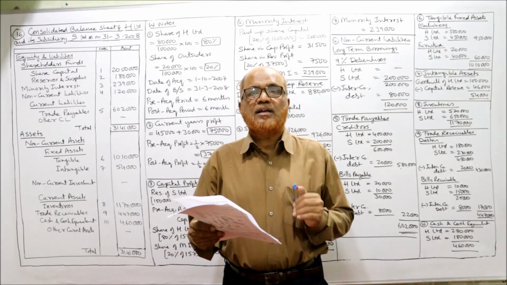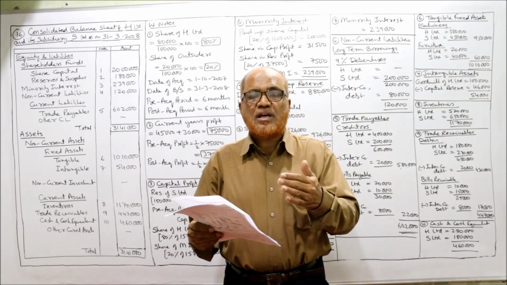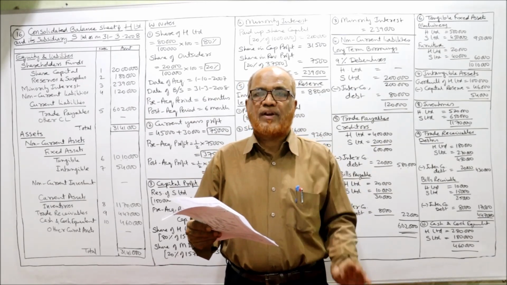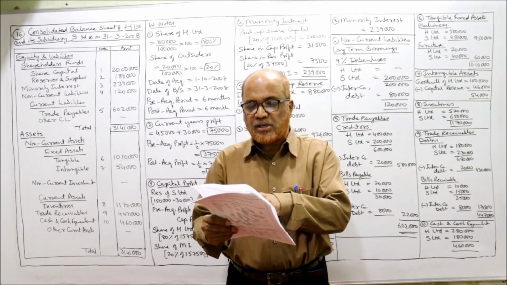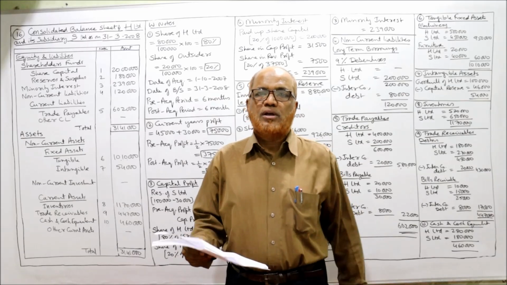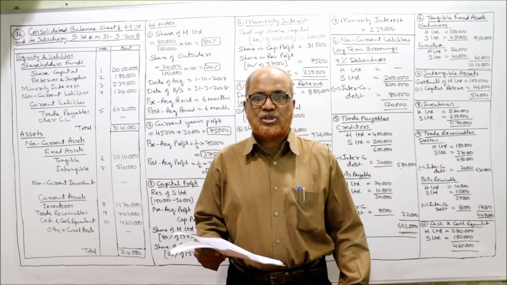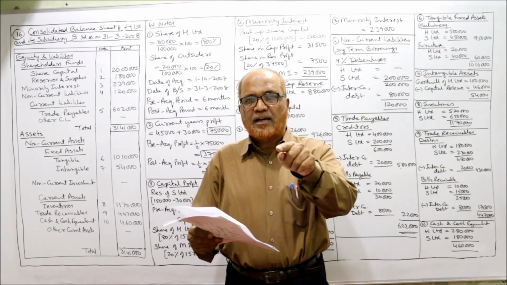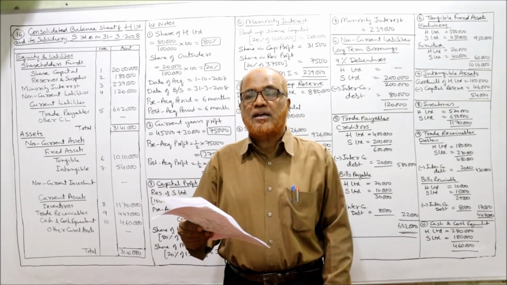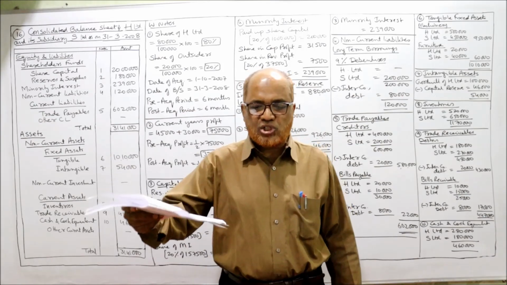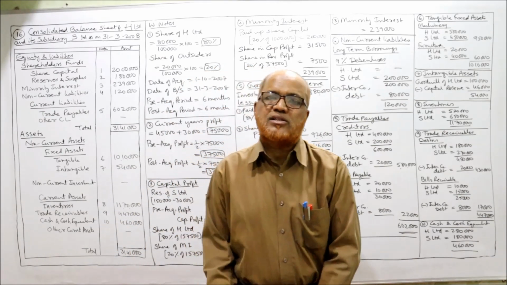So we'll deduct the 30,000. We want how much is the reserve before transferring. So out of 1,50,000, we'll remove 30,000, and only 1,20,000 is the reserves before acquisition. Right? And that 30,000 will be included in current year's profit. Prepare consolidated balance sheet. That's it.